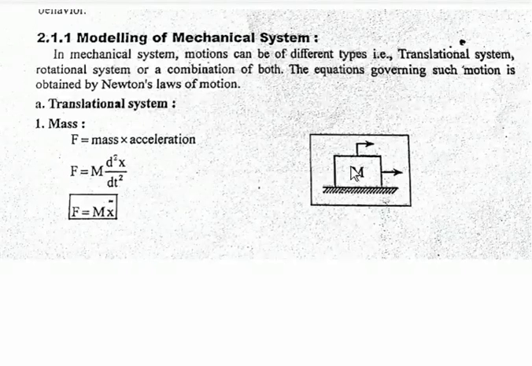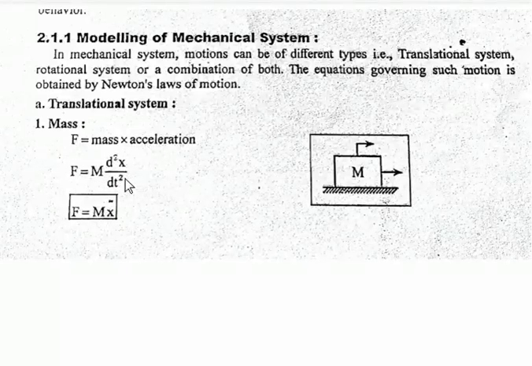We have to express this physical system in mathematical formulations, or mathematical modeling. For that we apply Newton's law of motion to this physical system. What is Newton's law of motion? F is equal to mass into acceleration. F is equal to m d square x by dt square.